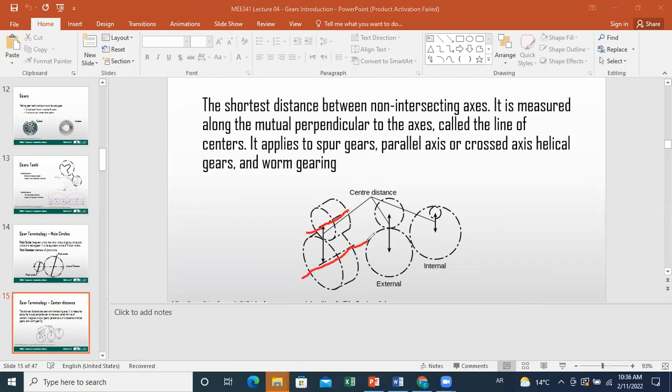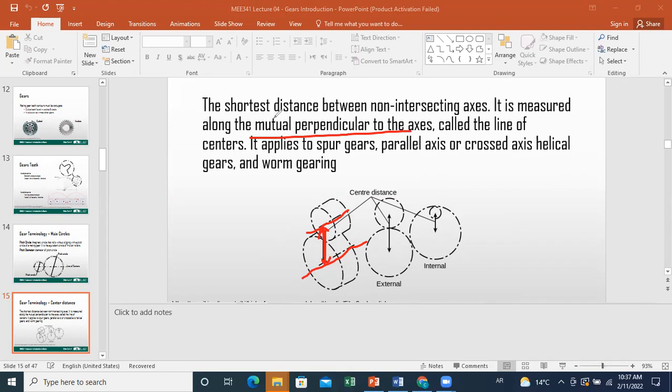Then we can define the perpendicular distance between the two, which is the minimum distance between these axes, and it is measured along the mutual perpendicular to the axes, which is called the line of centers. When you join the centers of your axes, you can measure the shortest distance between your non-intersecting axes. So this line is called the line of centers.